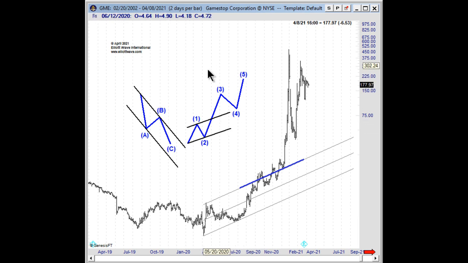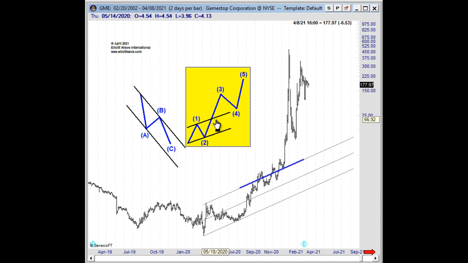So this little diagram I have right here, let me put that in a small yellow box for you. The break that we've seen recently in GameStop, actually back in October, November, December of 2020, well, within this developing impulse wave that I believe we're currently in, GameStop, we're right here.